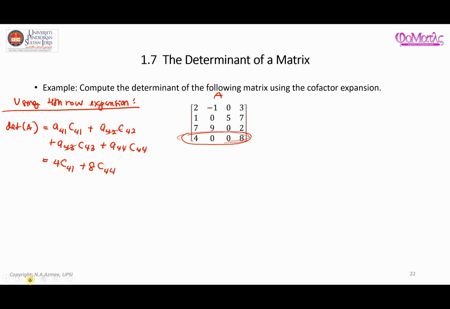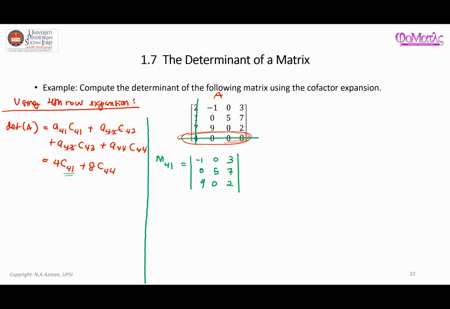Right. Now we begin our process of finding C41. In order to find C41, you need to be able to find M41. To find M41, you should delete the fourth row and the first column. Therefore, here we have a 3 by 3 matrix, which is negative 1, 0, 3, 0, 5, 7, 9, 0, 2.